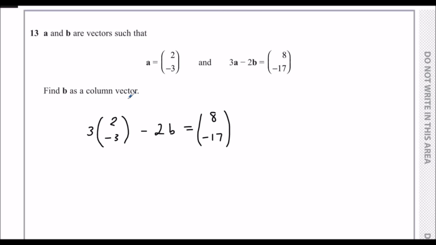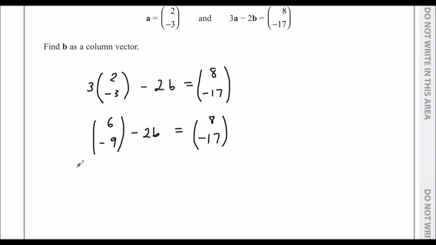So we're going to work out what b is. It's just like solving an equation. So let's work out what 3 a's are worth. So 3 lots of a will be 6 to the right and 9 down. (6, -9). So (6, -9) minus 2b equals (8, -17).